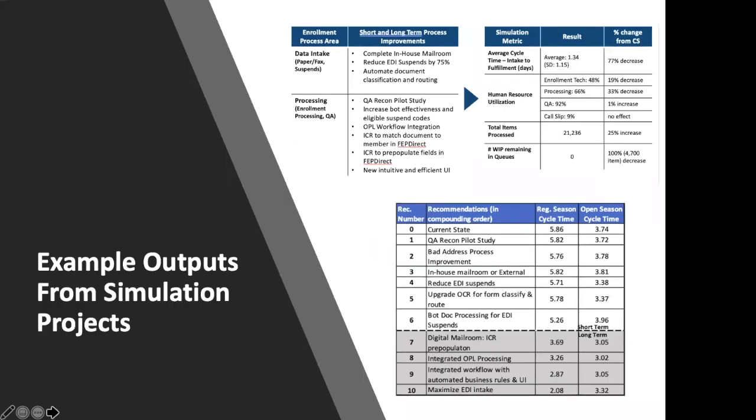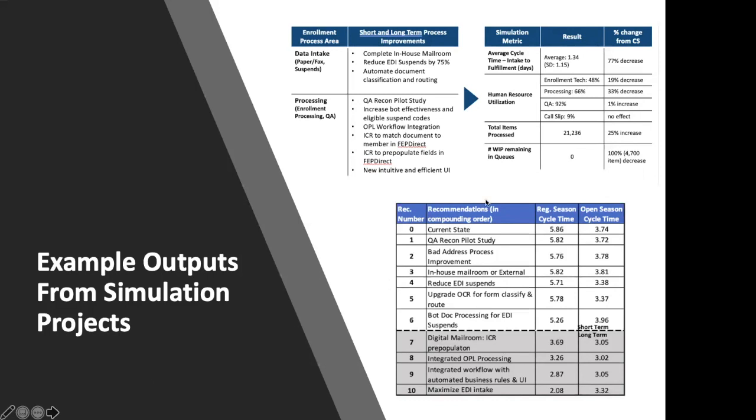So, example outputs from past simulation projects. Again, this is an enrollment effort at a large insurance company. What they were really interested in was how to reduce the time from receiving an enrollment change or a new enrollment and how long it takes to cycle through that, and how they can optimize their staffing.